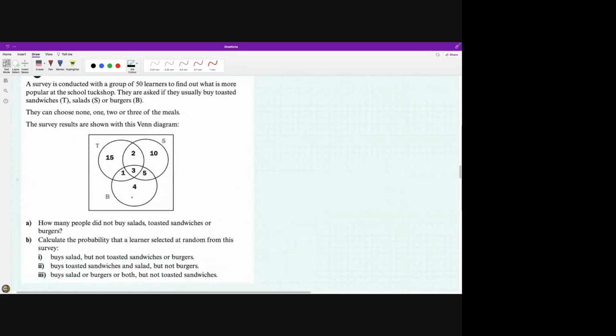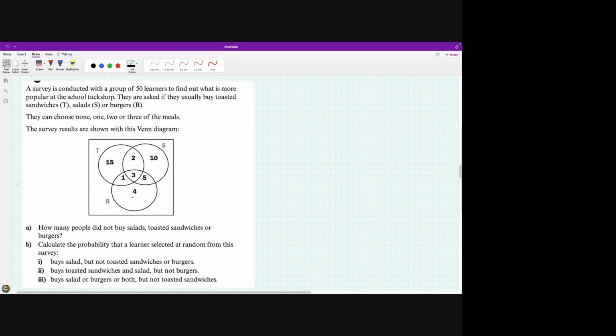All right, so here we go. A survey is conducted with a group of 50 learners to find out what is the most popular at the school tuck shop. They are asked if they usually buy toasted sandwiches T, salads S, or burgers B. They can choose none, 1, 2, or 3 of the meals. The survey results are shown in the Venn diagram.